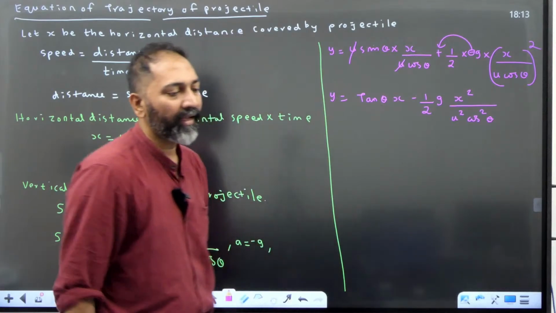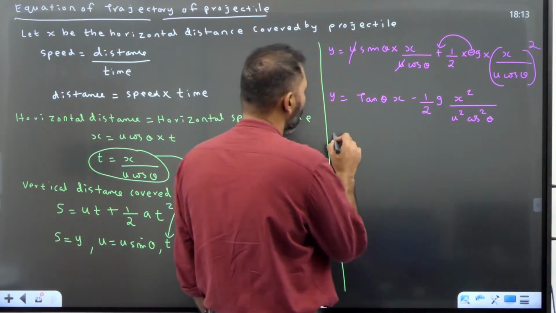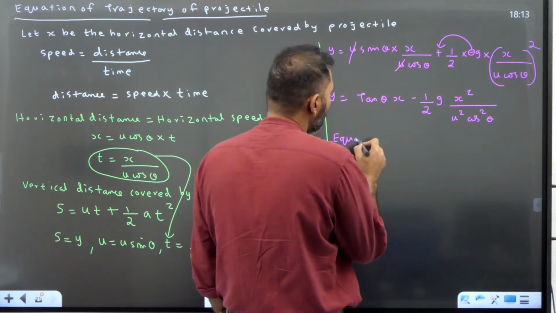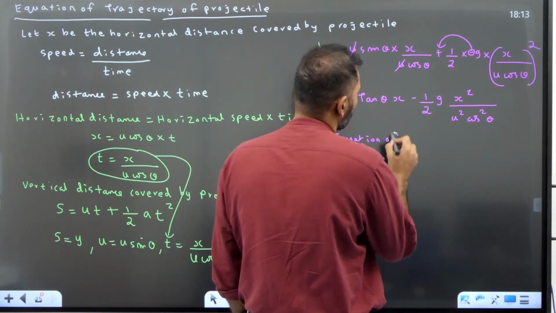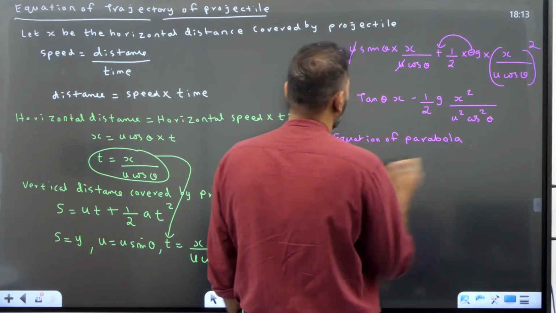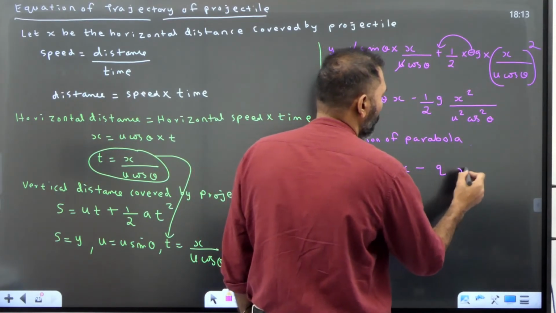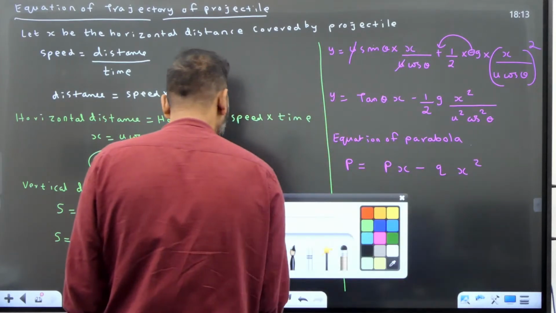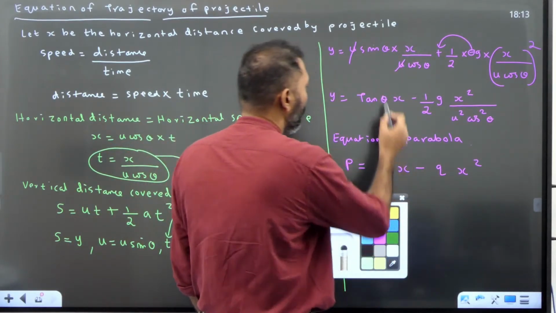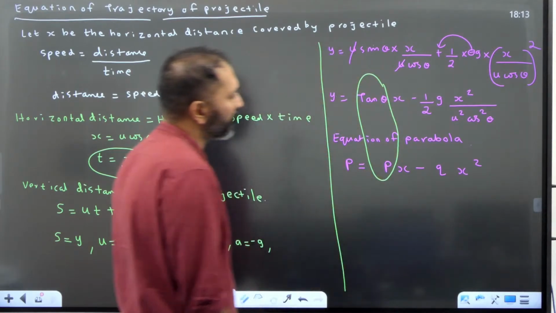Listen, while I was studying in 10th or maybe 9th standard, my maths teachers told me that equation of parabola is y equal to px minus qx square. When I compare these two equations, what I am understanding?